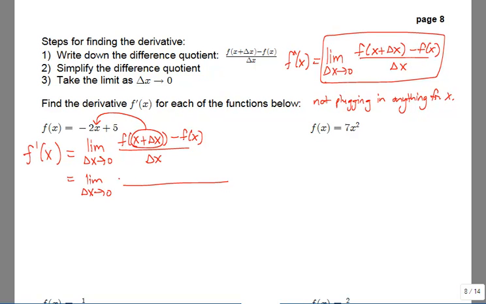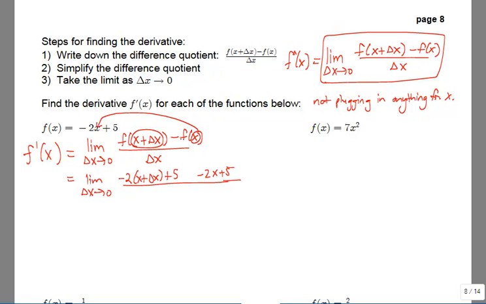So this becomes negative 2 parentheses, not just x, but x plus delta x. And then that plus 5 is on the side. So all I did is I replaced that x with this new input. Now I'm going to do that again, but this time I'm going to substitute in just plain old x for that x. So that would be negative 2x plus 5.